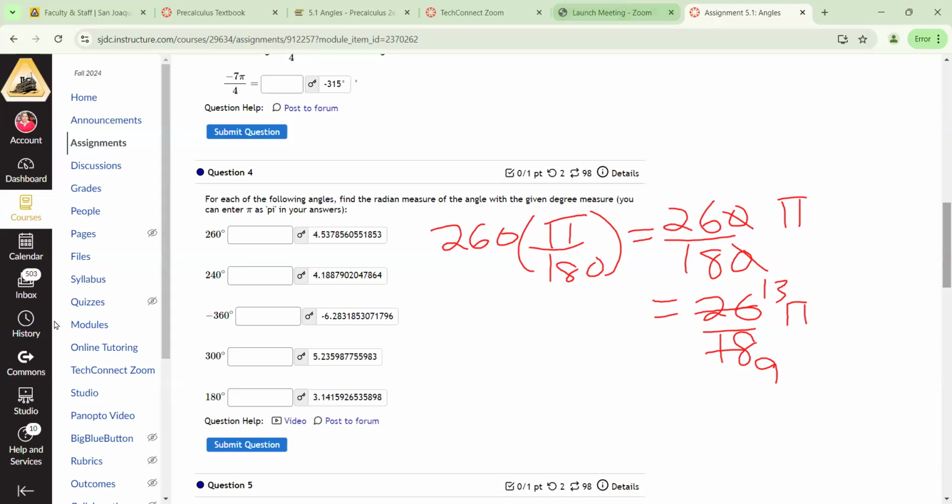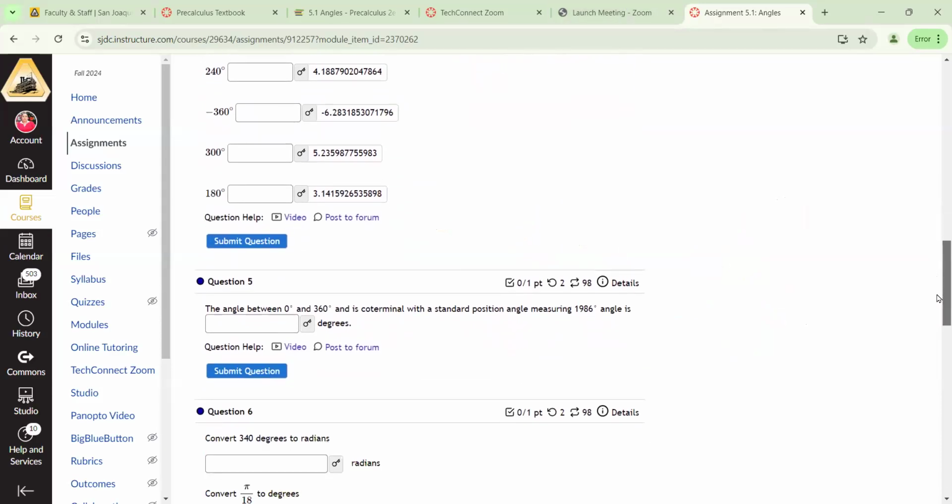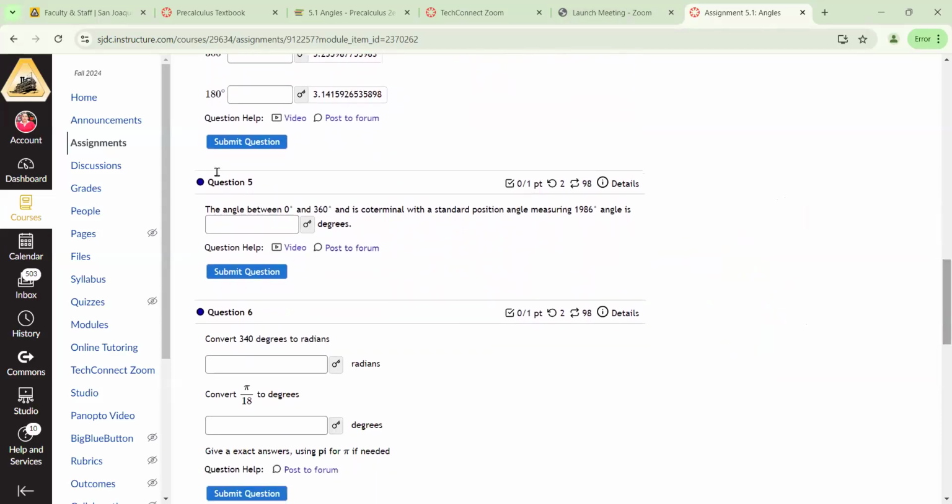So from there, taking us forward to question 5. The angle between 0 and 360 that is coterminal with the standard position angle measuring 1986 is. So we are basically finding a coterminal angle with 1986.